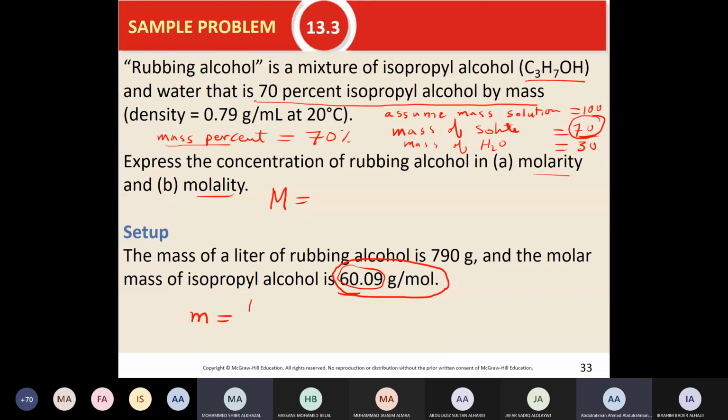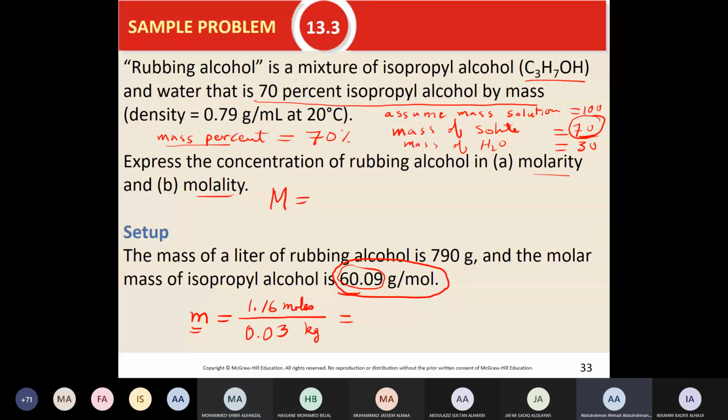This is the moles of solute, 1.16 moles of alcohol. Now, to calculate molality, divide by 0.03, because we change the mass of solvent to kilograms.